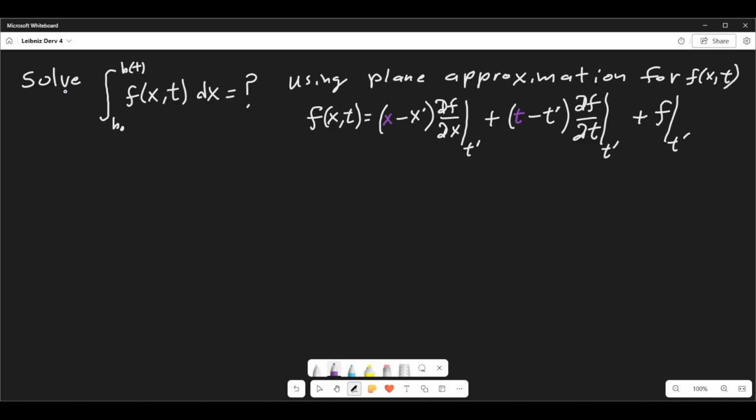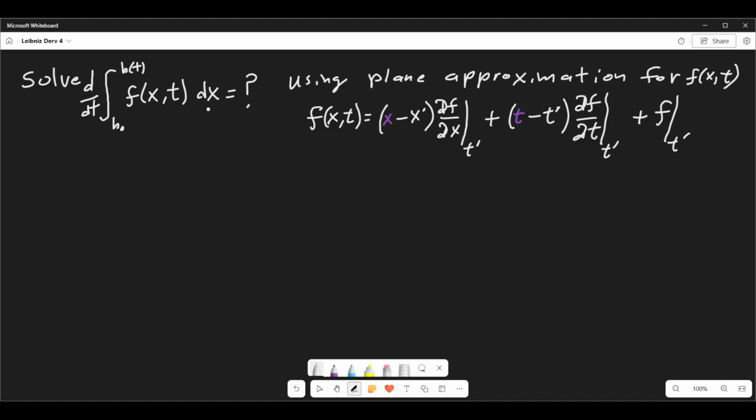So the idea is to basically solve this thing, which is the integral of the function of x and t dx. The derivative of this integral, d by dt of this function of x and t dx with a variable boundary, using the assumption that this integral is extremely small.